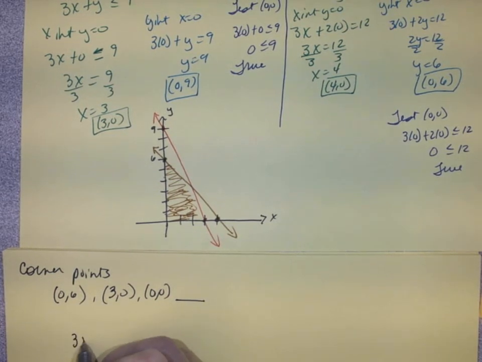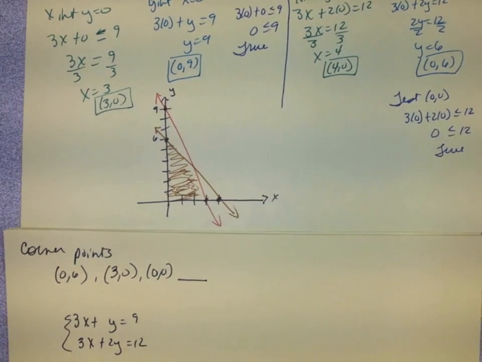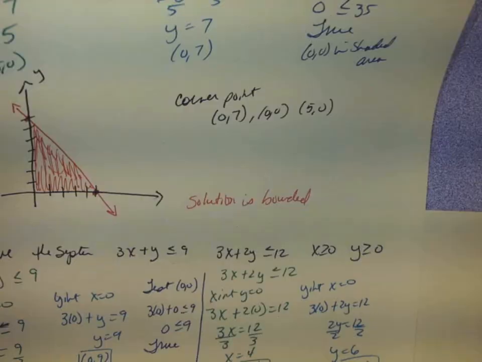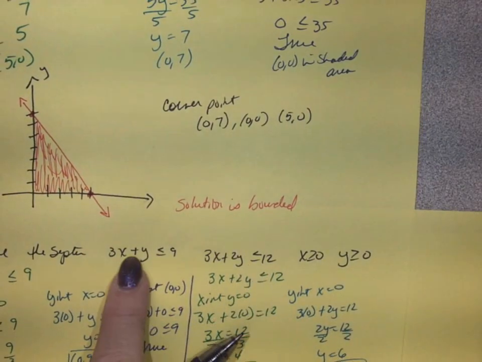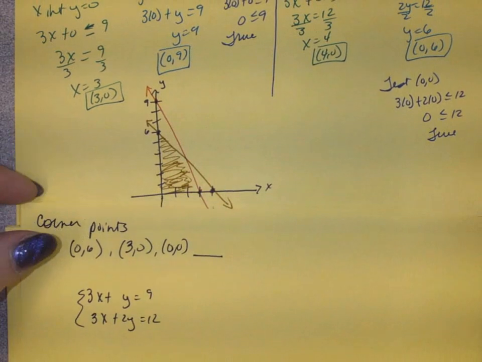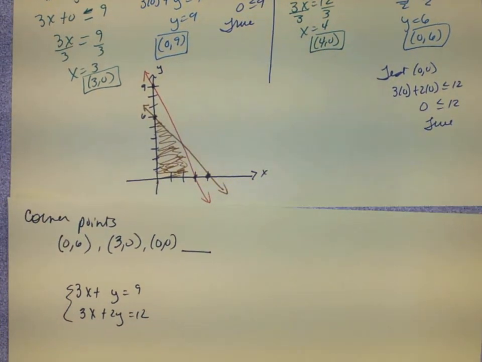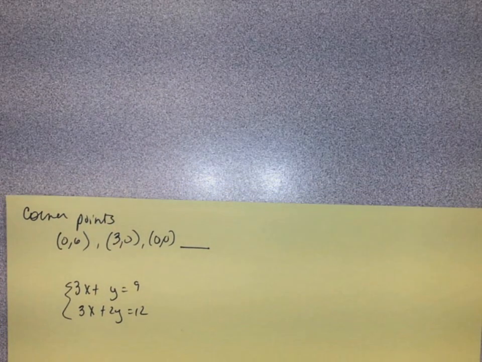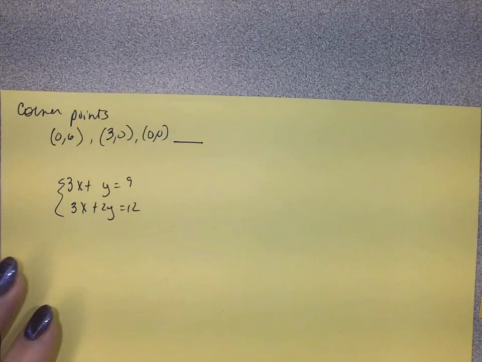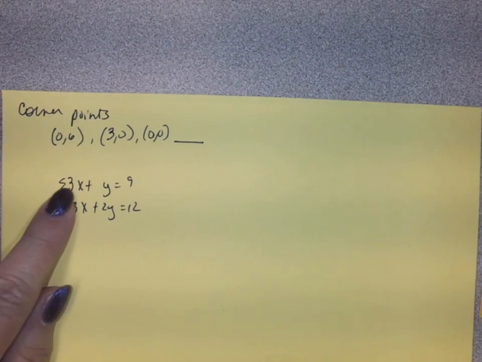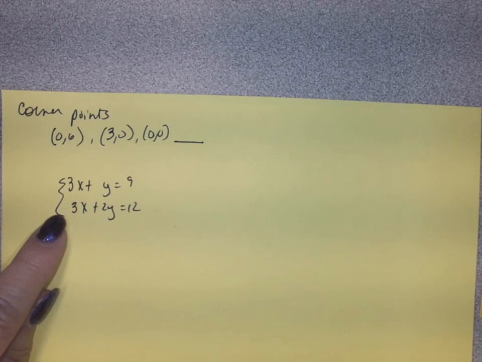So for that fourth corner point, I'm going to take 3x plus y equal to 9. And we have 3x plus 2y equal to 12. That's our system. Those come from our original lines, but I made them equal to's, not inequalities. So we're going to solve these like we solve systems of equations in previous sections. All right, so I can get rid of the x's and solve for y.